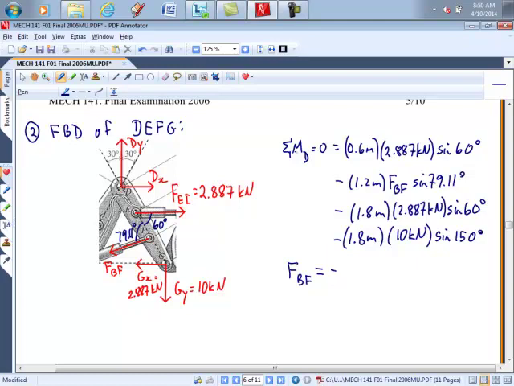Yeah, I got that. What did you get, Mike? 10.1. Negative 10.64 kilonewtons. So that tells us it's not in tension, it's in compression, which if we stared at it, we probably could have figured that out.